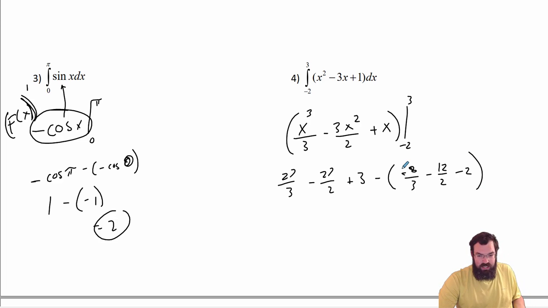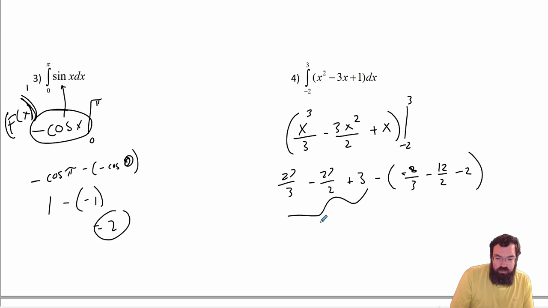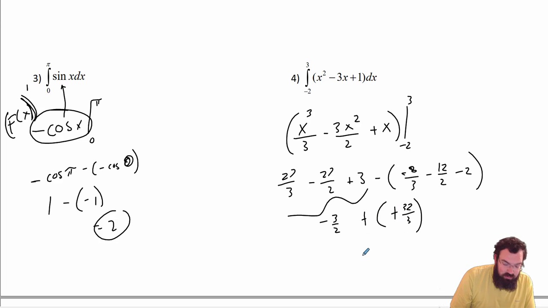If I actually do this, let me find out what the answer is, mainly because I don't feel like doing the math. This should be negative 3/2, exactly that, hopefully. And then minus, this should be negative 32 over 3. When I add those up, I should get 55 over 6. And that should be the answer.